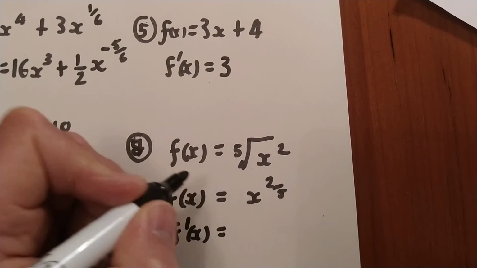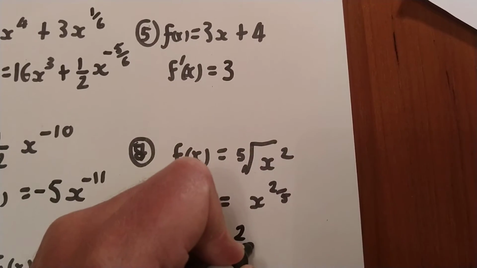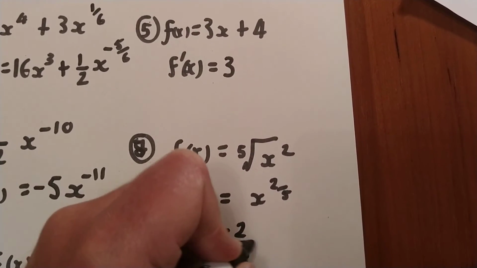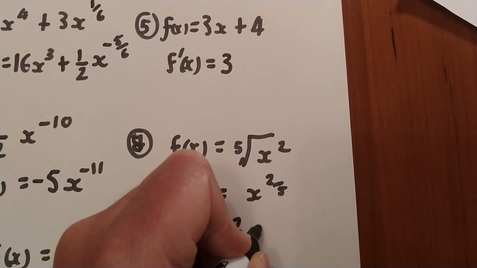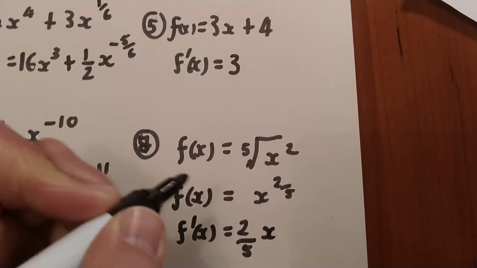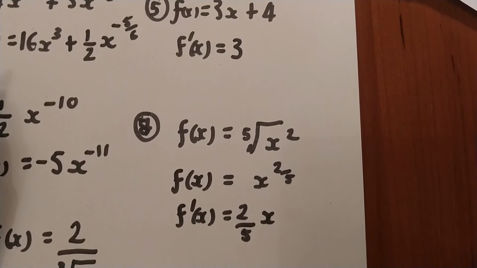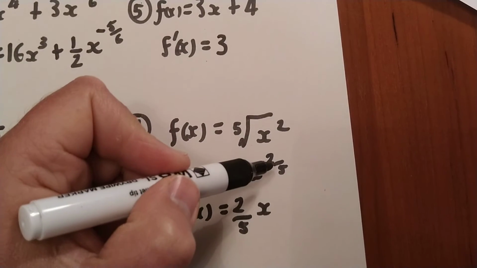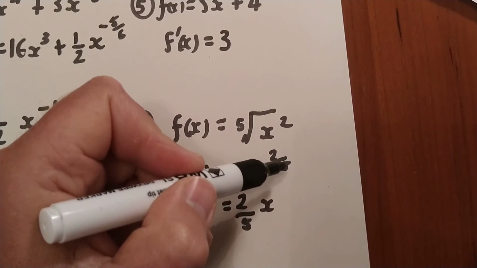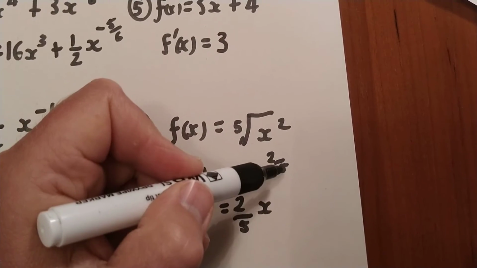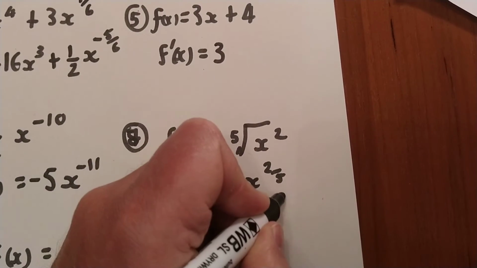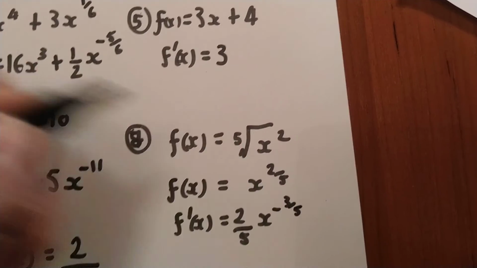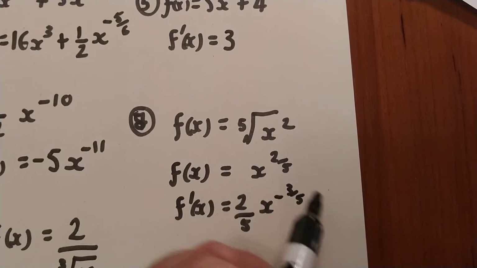Now I'm going to multiply by the power, 2 over 5, again, horizontal line, x no lower than the middle, so I'll actually put it above. Subtract 1 from this power, 2/5, take away 1, take away 5/5, negative 3/5. There's my answer.